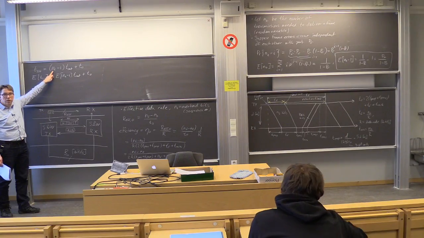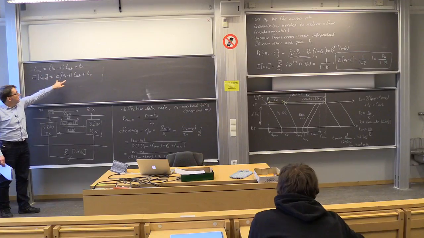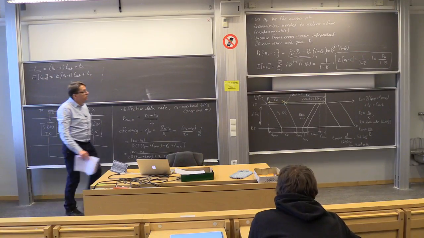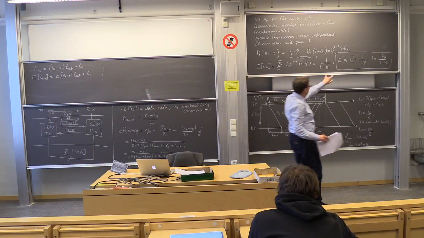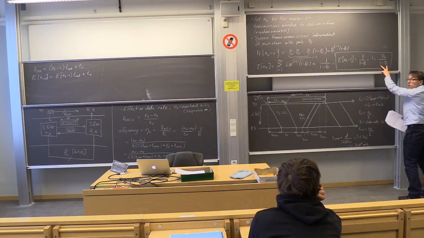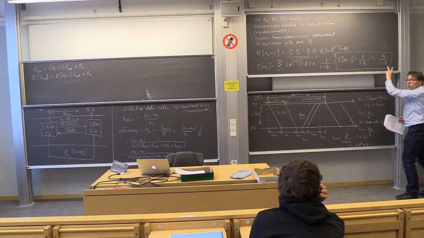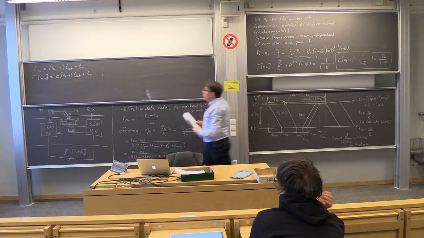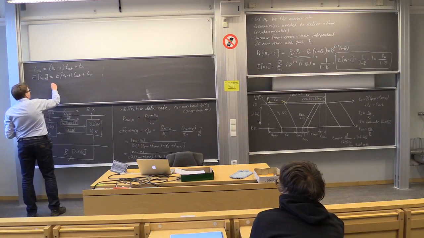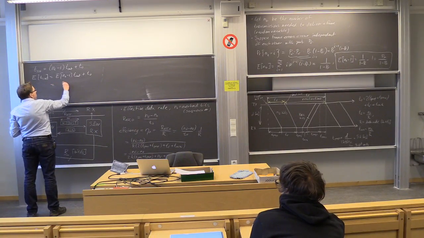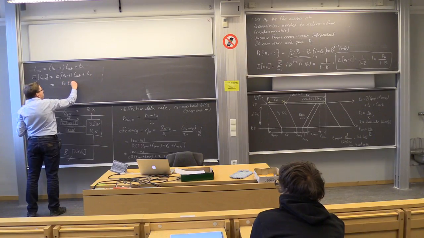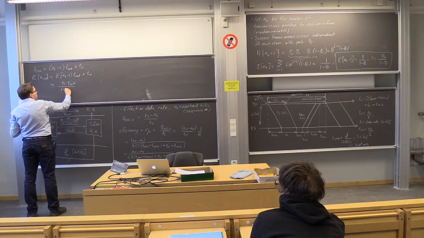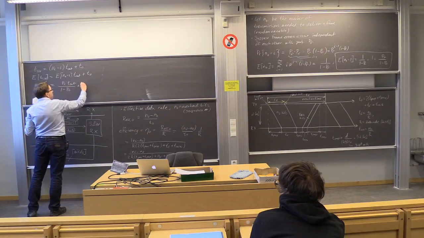It would depend. And this thing, the expected value of nt minus 1, we know what that is. It's pf divided by 1 minus pf. So we can simply write this as pf times timeout divided by 1 minus pf plus t0.